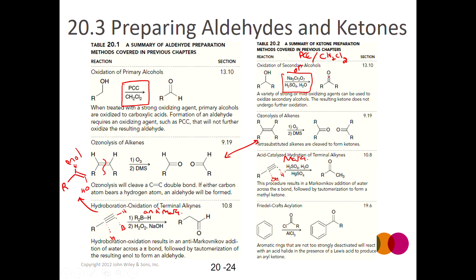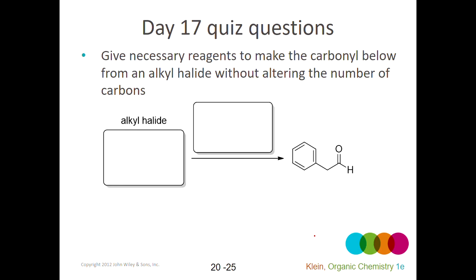So that also works. And then more recently yet, we talked about the Friedel-Crafts acylation. So this is another way to produce a ketone specifically on an aromatic ring. So you want to practice those enough, drill them so that they're in your mind and you can use those for syntheses and solving problems.